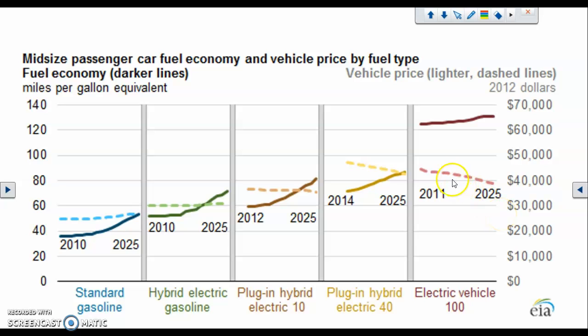As you can see, electric vehicles are way up here. I don't know where they got this 40,000, because I know for a fact that a Tesla doesn't cost $40,000. But anyway, I digress. So that's this one. You get different types of plug-in hybrid electric.